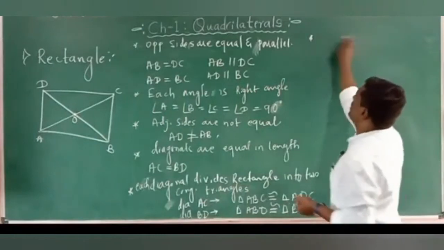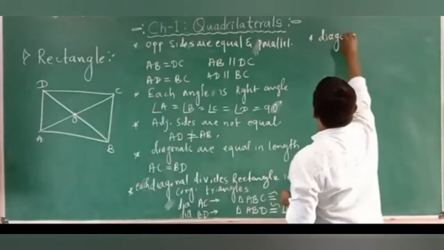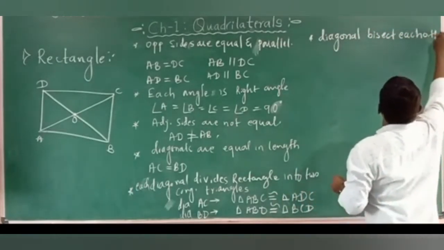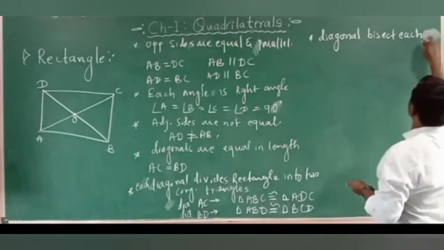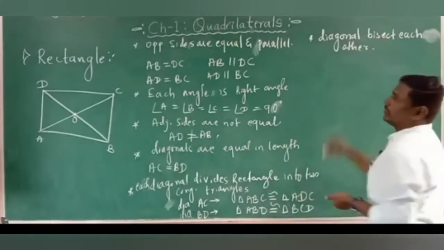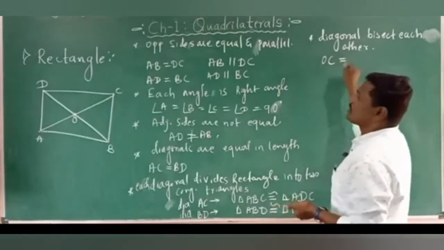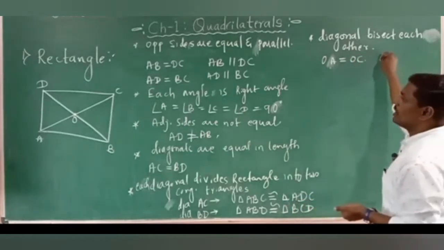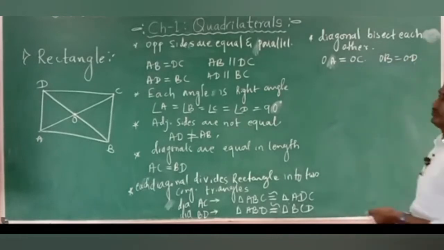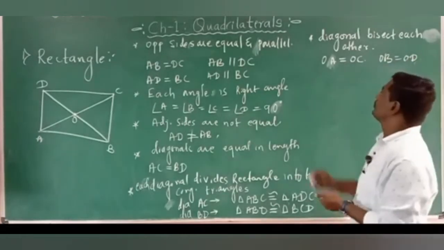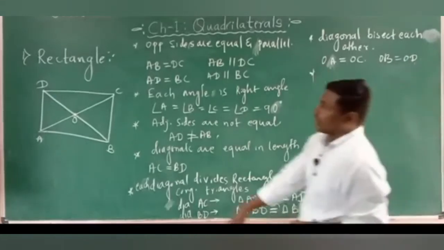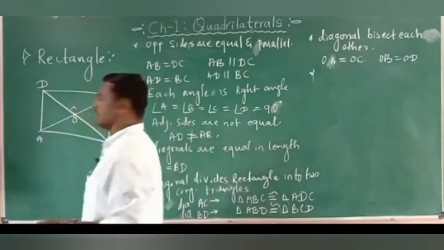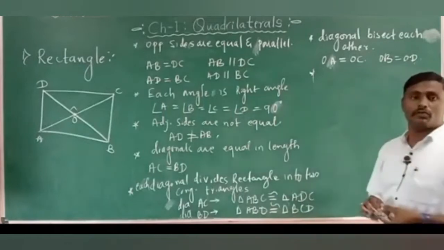So the diagonals bisect each other. It means in the first diagonal OA is equal to OC, and in the second one OB is equal to OD. Okay. Next, when the diagonals intersect, they will not form a right angle. So this is the last property of the rectangle.